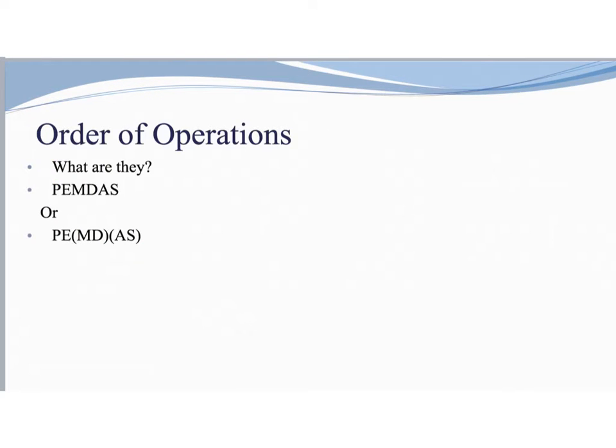And if you recall, we've discussed the order of operations in previous math courses, but we like to use the acronym PEMDAS. Remember that in PEMDAS, the P really stands for parentheses or grouping symbols. E is really our exponents.